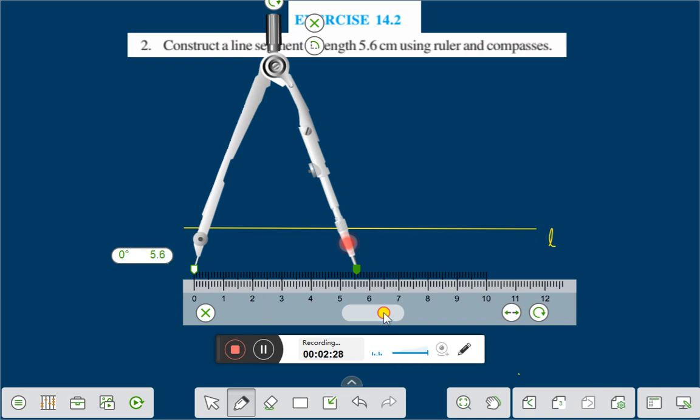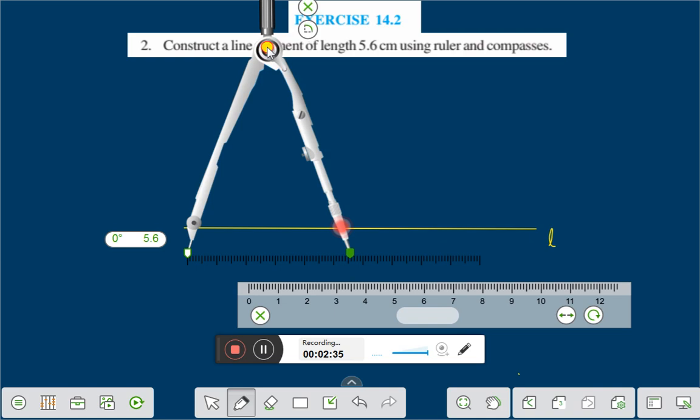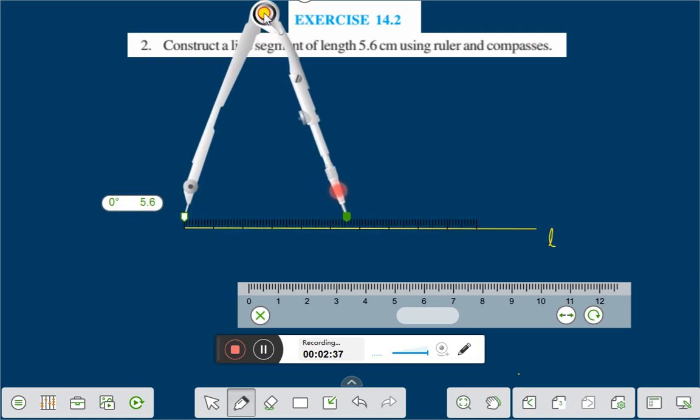Now replace this scale here, right? Now take this compass and take the point here. Suppose this point is A. Let us take this point as A, the initial point.